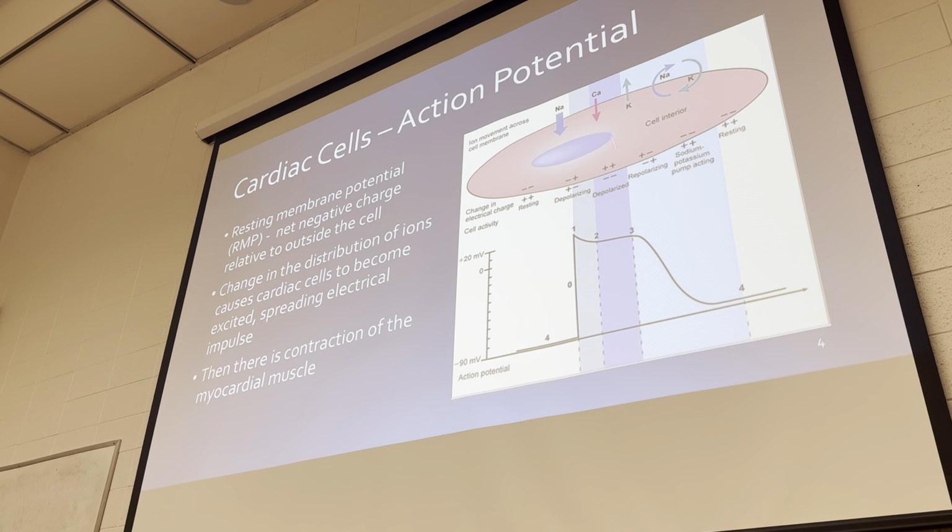So then, after that sodium rushes in and sets off that initial charge, we start to go into repolarization, but that sodium goes really fast, the calcium goes slower. Okay, the calcium and the potassium start to exchange, and we have a slow repolarization that allows for more time to reset.